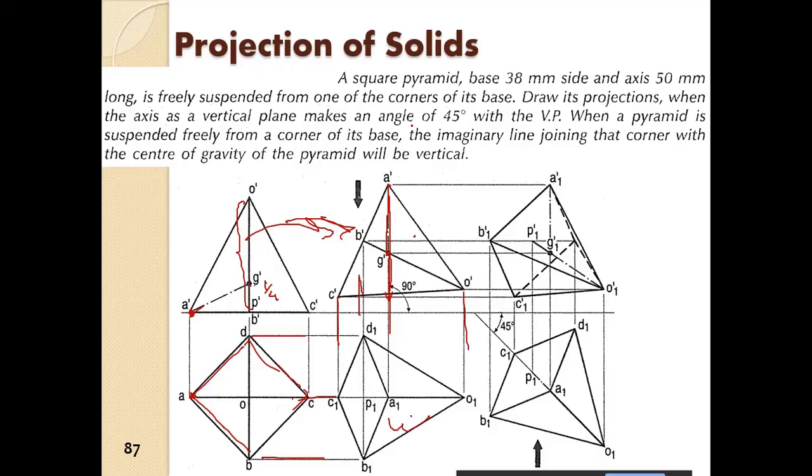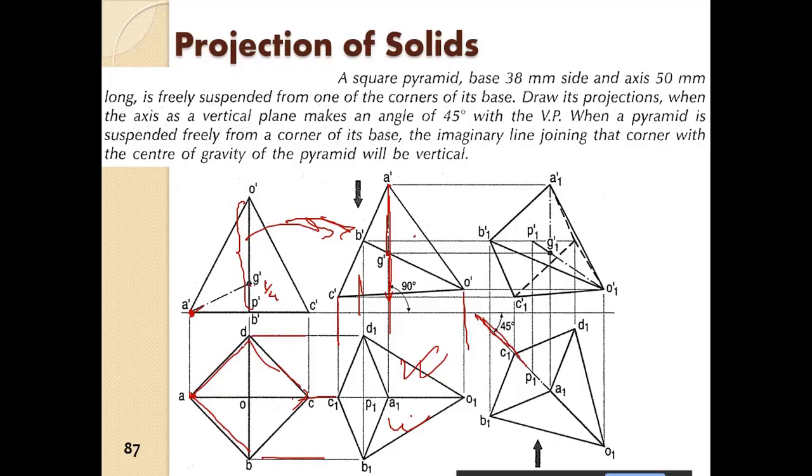Now it is given that the vertical plane through the axis makes an angle of 45 degrees. Remember that, so the top view of the axis itself makes an angle of 45 degrees.